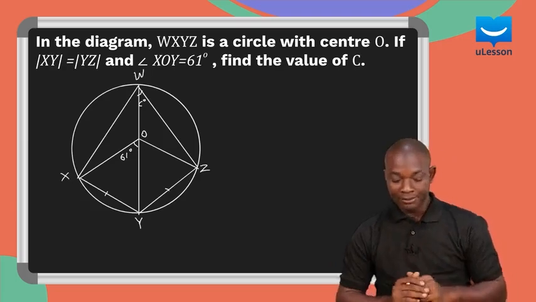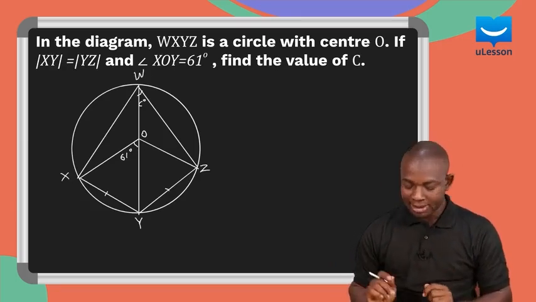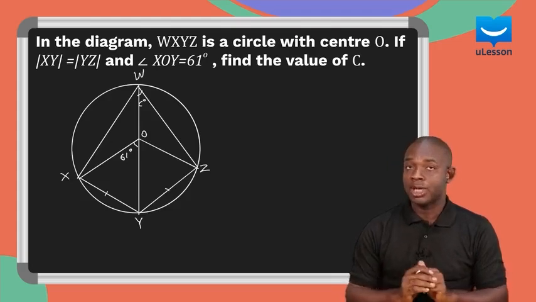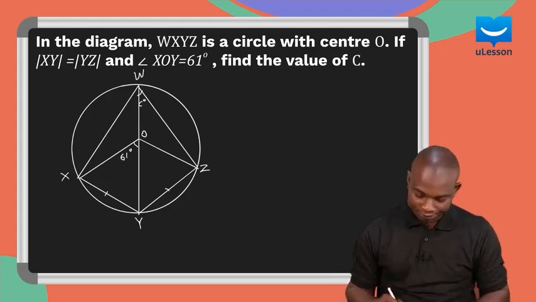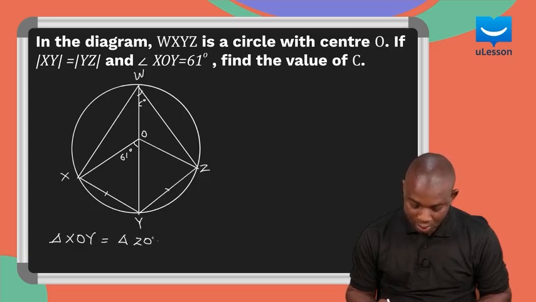Now looking carefully, we can see that triangles XOY and ZOY are congruent. This means they are equal. So we say that triangle XOY is equal to triangle ZOY.